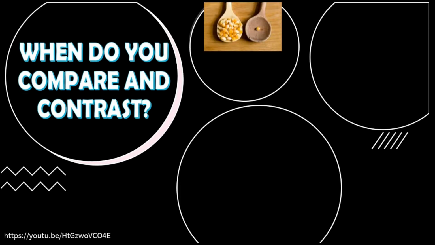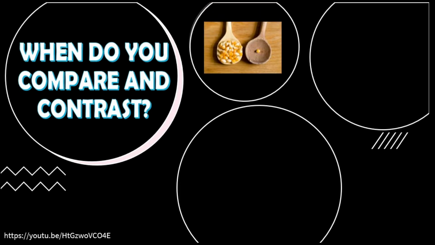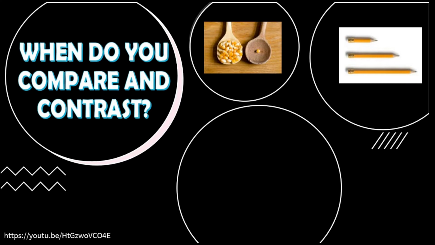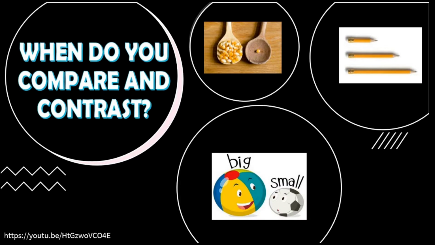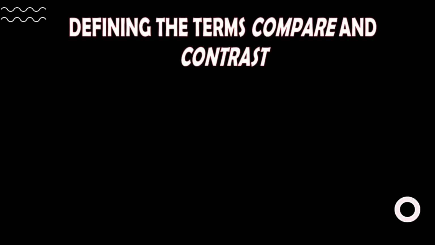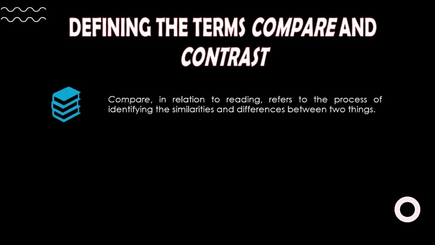When do you compare and contrast? When there are many and single, when there are short and long, when there's big and small. That's actually how you are comparing things, right? But if you're going to apply it in context, let's try to define them.